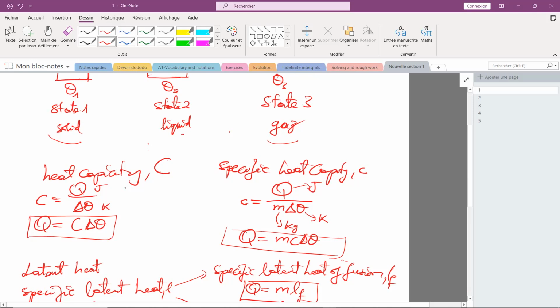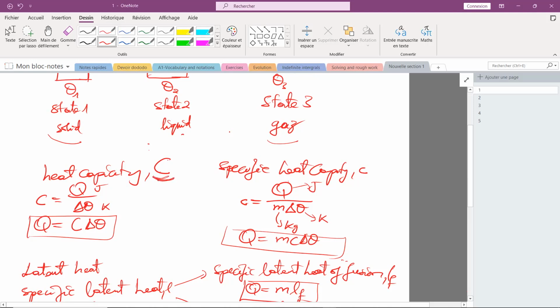When you are defining heat capacity, you don't mention the mass. You understand?